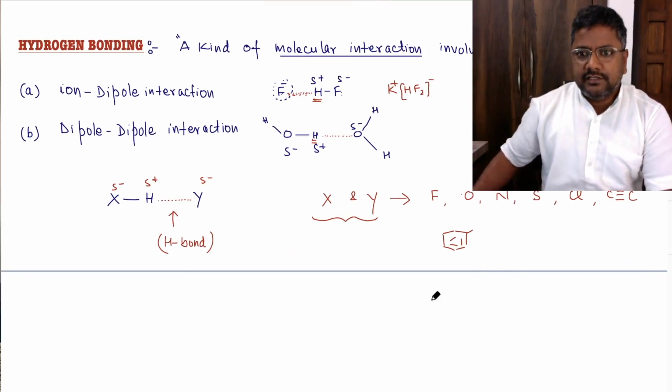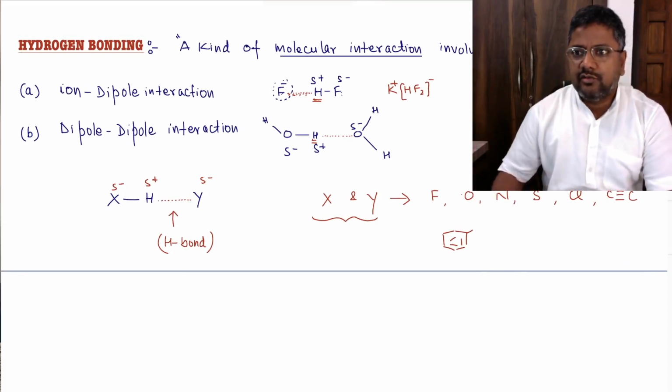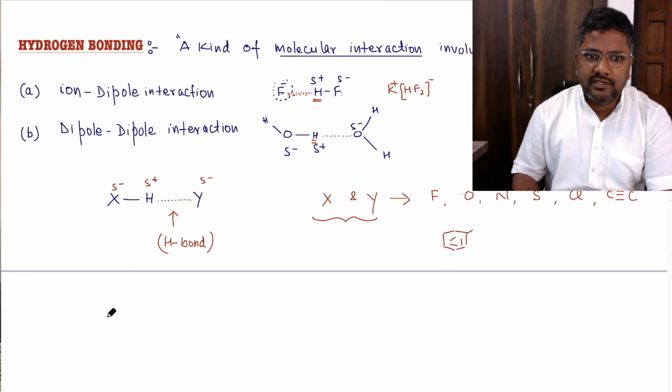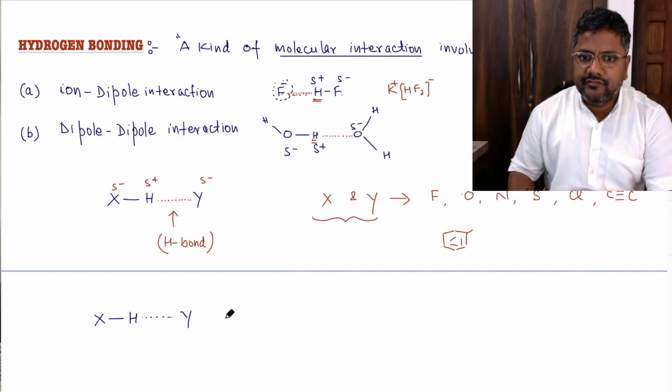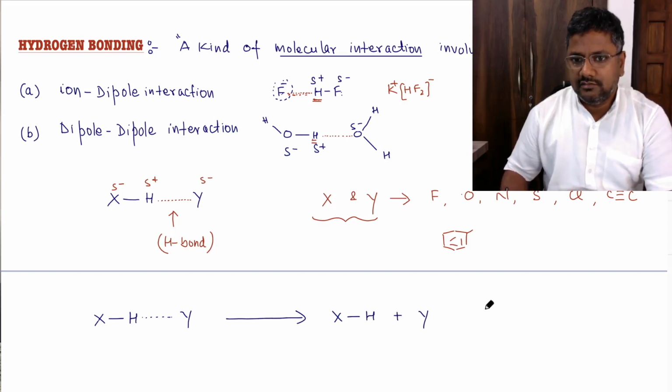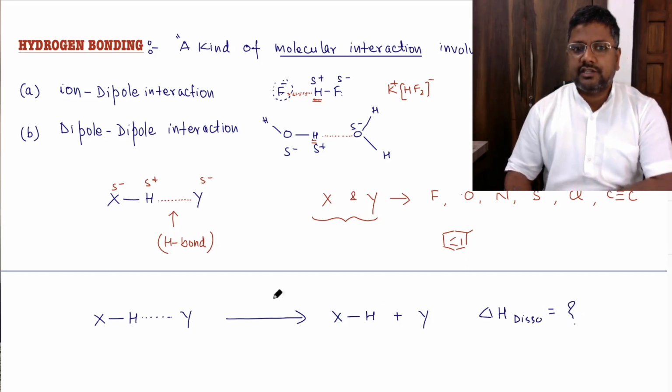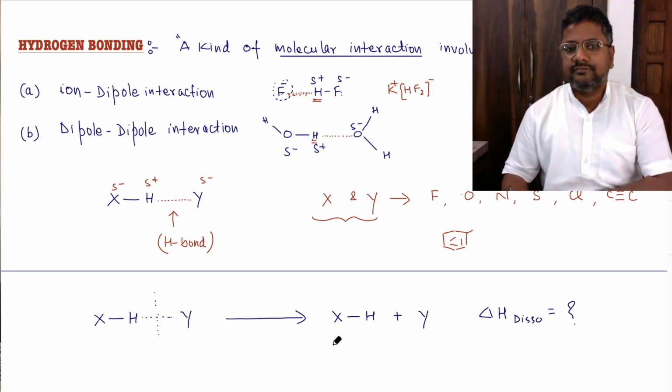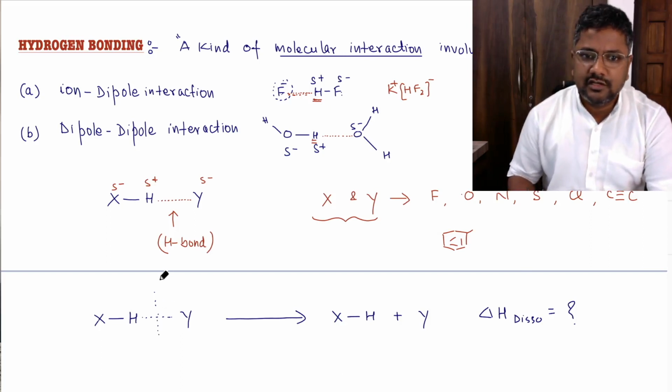See, if I am considering this general representation of a hydrogen bond, the strength can be determined by the enthalpy of dissociation, delta H dissociation. This will determine the strength of this hydrogen bond. This is called a hydrogen bond.